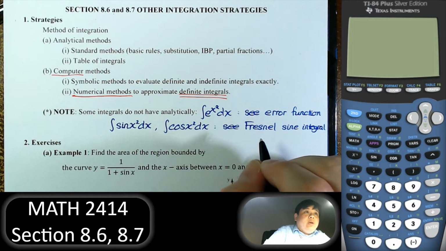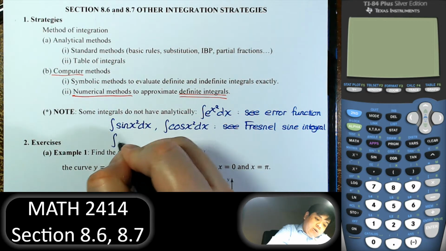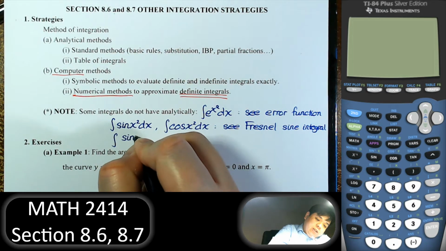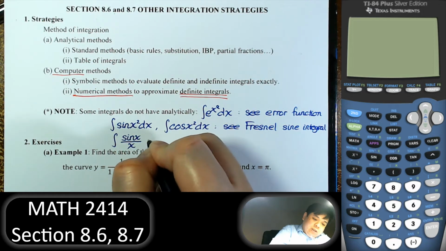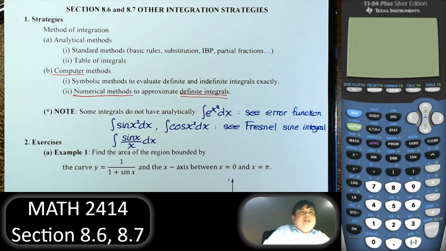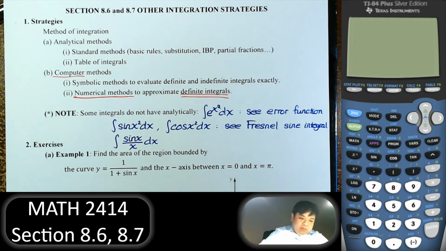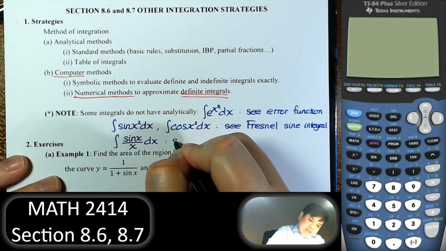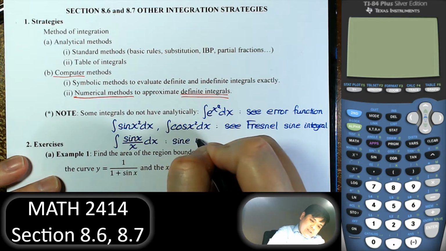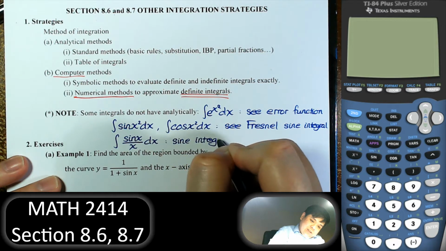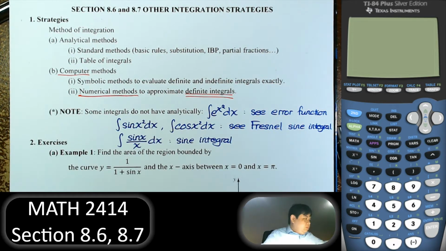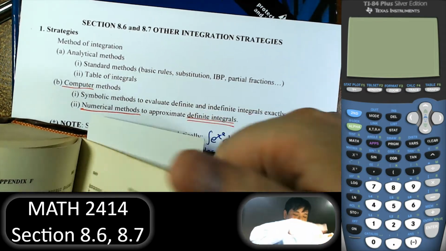We cannot integrate this, and also we cannot integrate this one, which I think is the sine integral. Actually, I think it's in this book though.